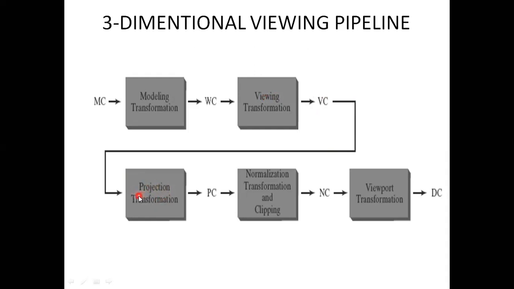How much an object needs to be zoomed in, how much it needs to be zoomed out, all those projections you set in this projection transformation, and the view coordinates will be converted to projection coordinates. Now everything is ready.